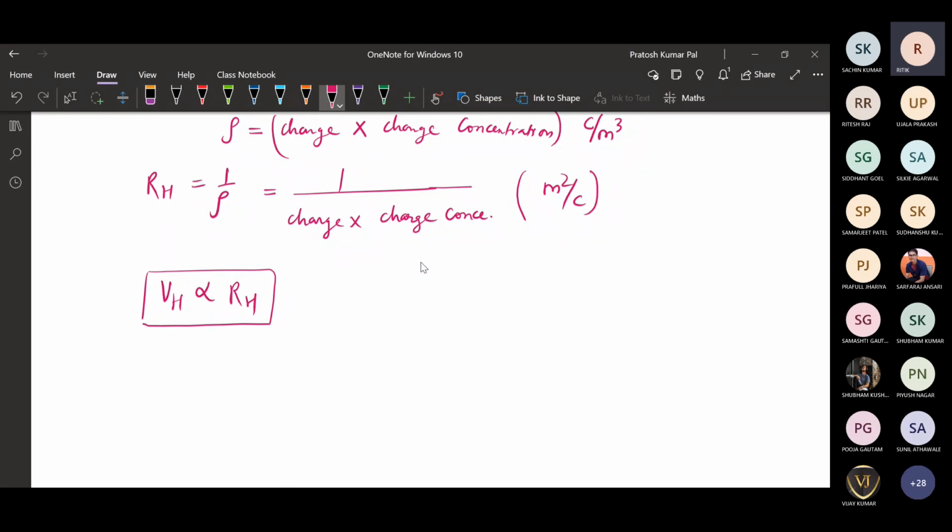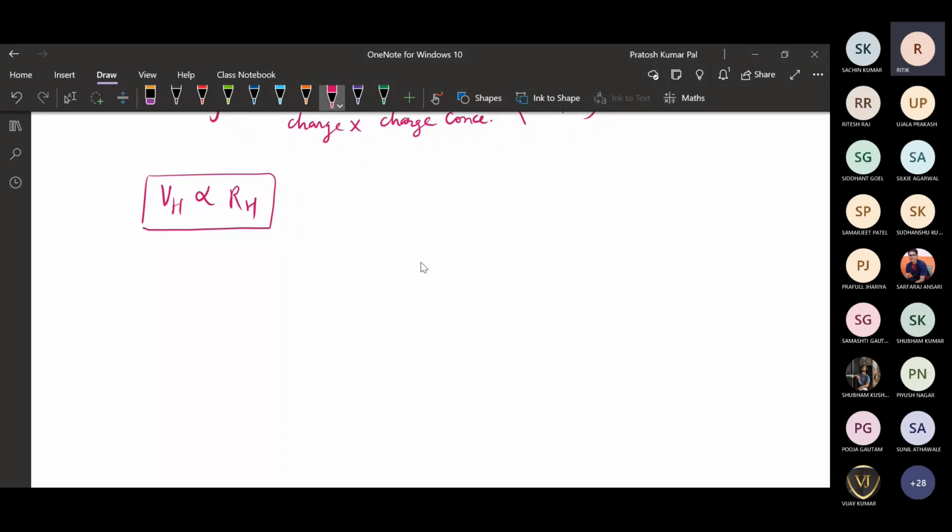Since VH is directly related to RH, if we have the RH, we can also determine which category the specimen is of.